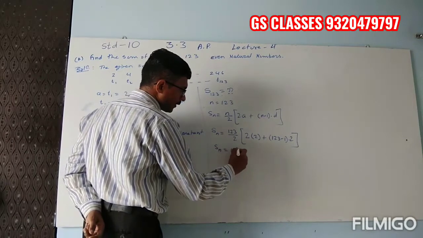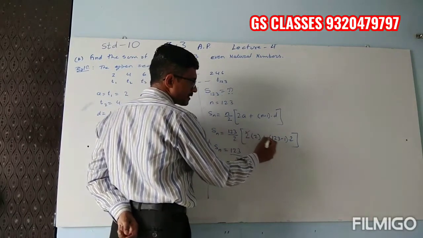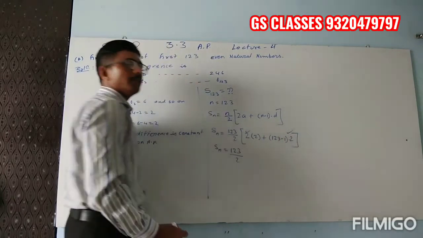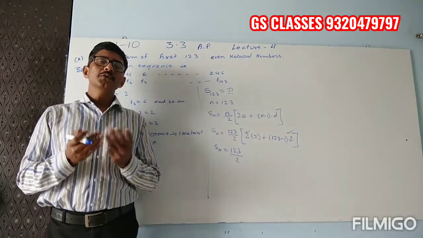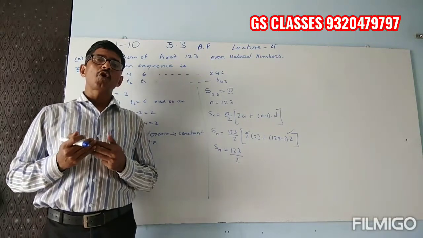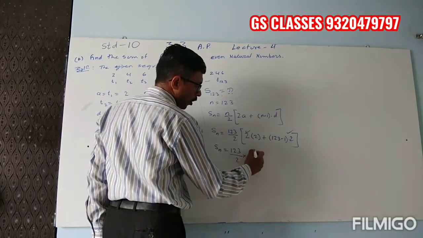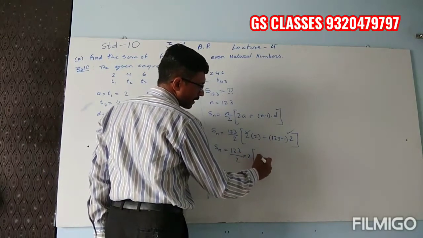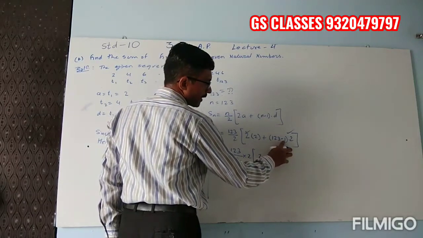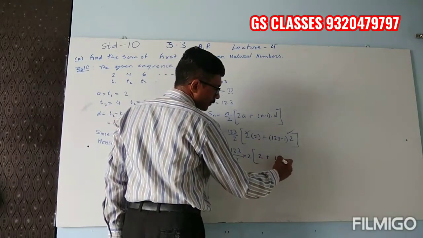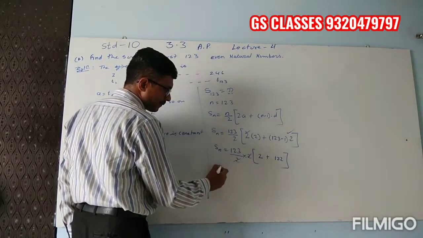Sn is 123 by 2. Now 2 is present in this term, also present in this term. So the best method, you take these 2 as a common. So I will take these 2 common. Inside there will be this 2 plus 123 minus 1, which is 122. Now we can cancel.